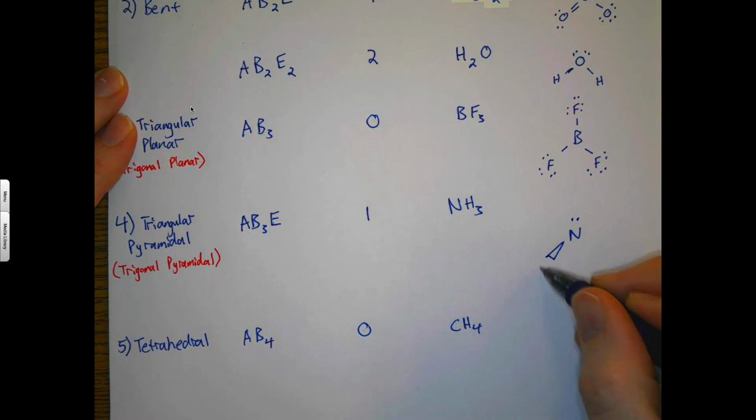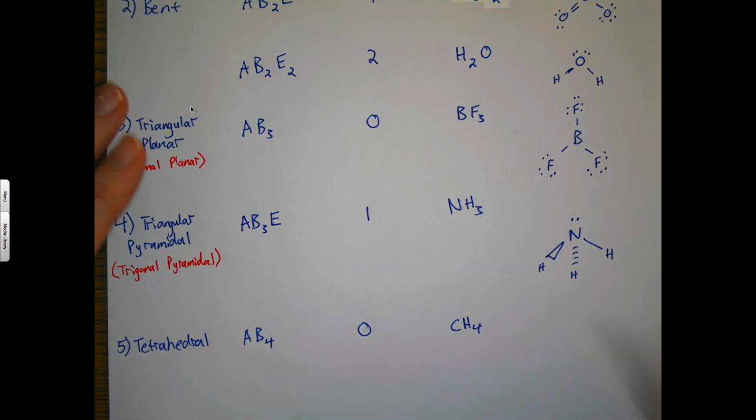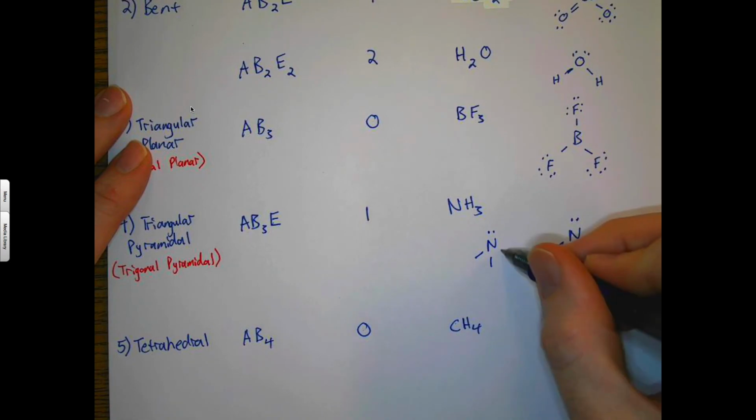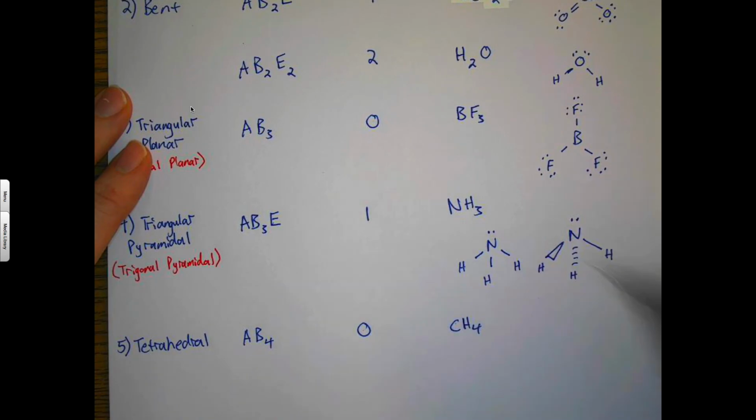You can see a wedge right here, and then a dash, and then a line. So the wedge is coming towards you, the dash is going away from you, and the line is in the paper. If you don't like that, you can just draw it without that. You can just draw lines. It's the same thing, no big deal.